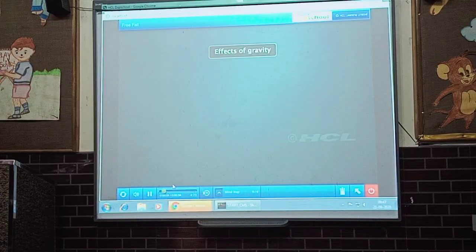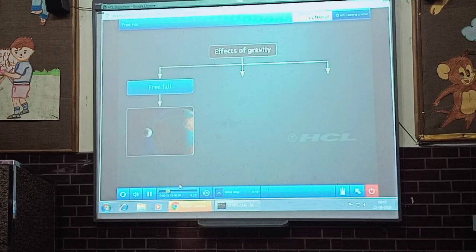Gravitation affects many aspects of our universe. Free fall. Bodies that are under the influence of the force of gravity alone are said to be in free fall.